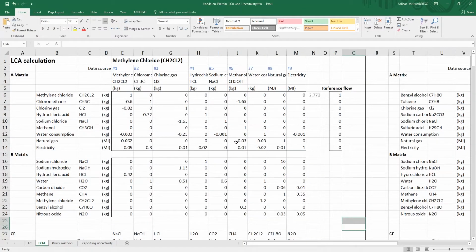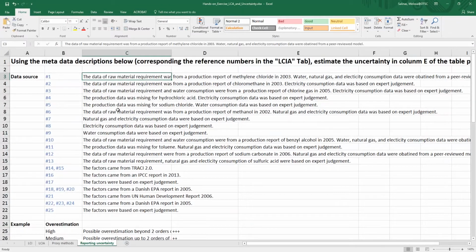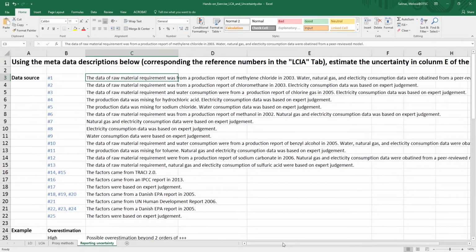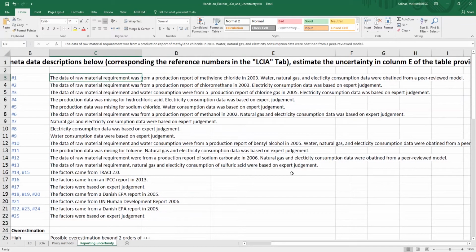Number one is this column, methylene chloride intermediate exchanges. I described that the intermediate exchanges of methylene chloride is the data of raw material requirement. The data of the raw material requirement was from a production report of methylene chloride in 2003.